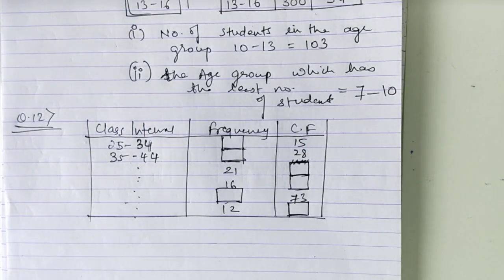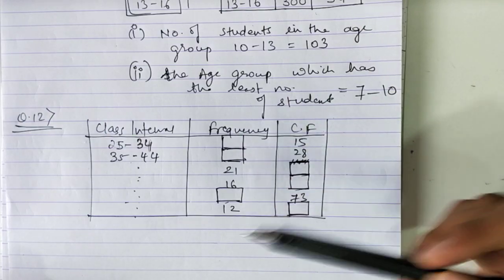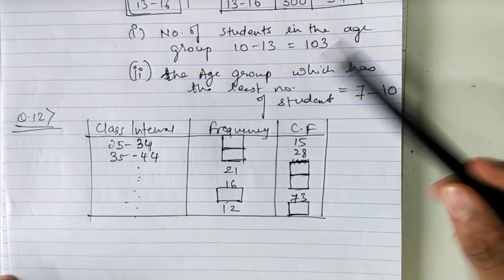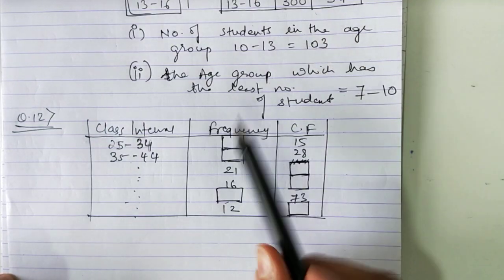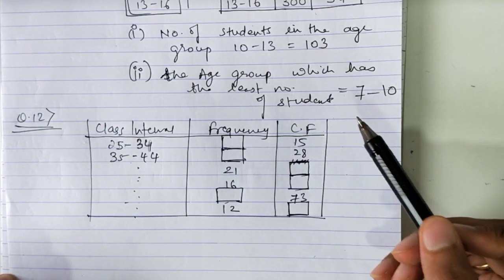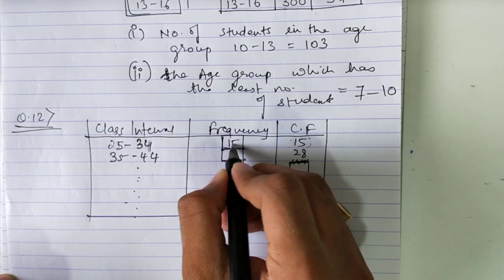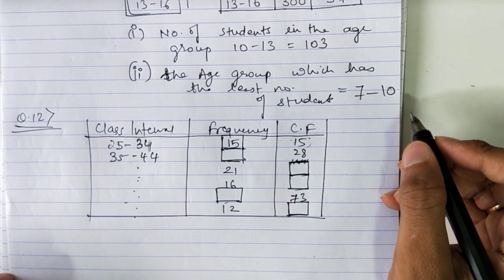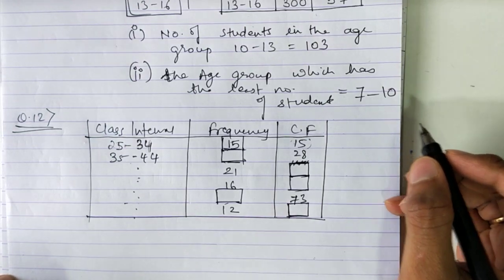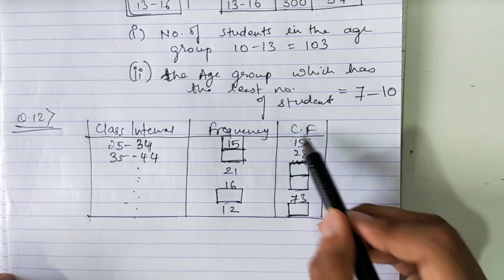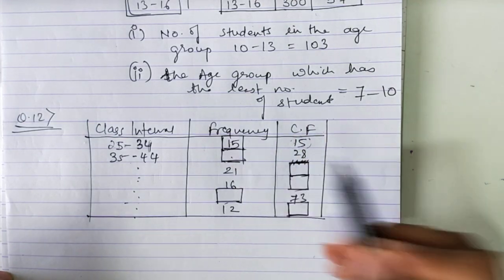Okay, very interesting question. See, this is the table of frequency and this is cumulative frequency. From the frequency table, first of all, one thing is very clear, that the first value is always the same for both frequency and cumulative frequency. So if this is 15, this will also be 15. Pretty clear? Then you know that to find the cumulative frequency, you add this 15 with the second value and write the answer here.